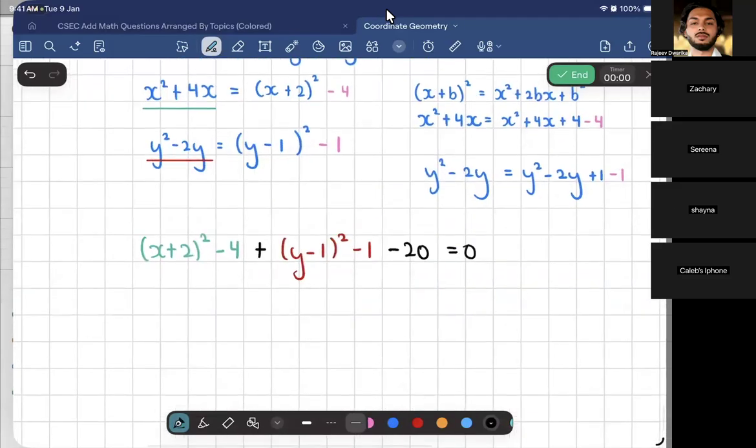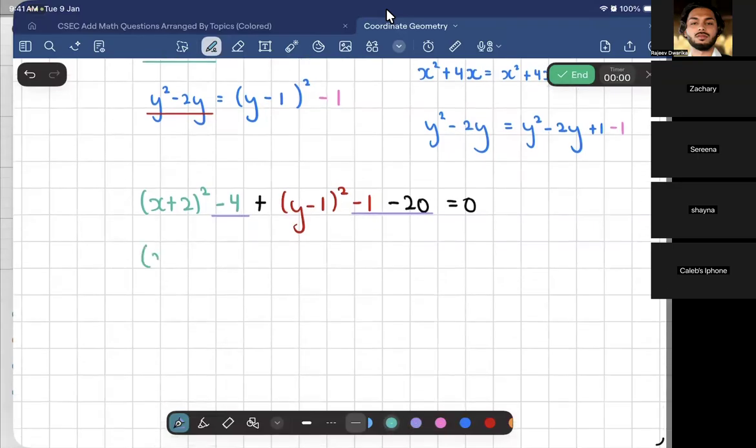Cool. Are we seeing any like terms, for instance, in numbers? Yes, sir. Okay, where's -4, -1, -20? -25.